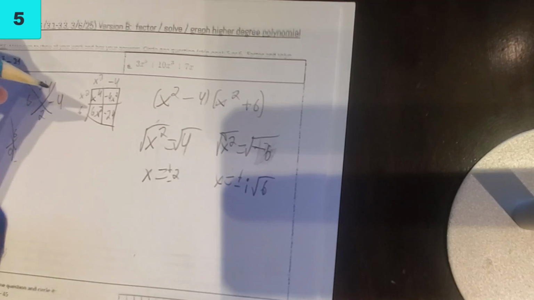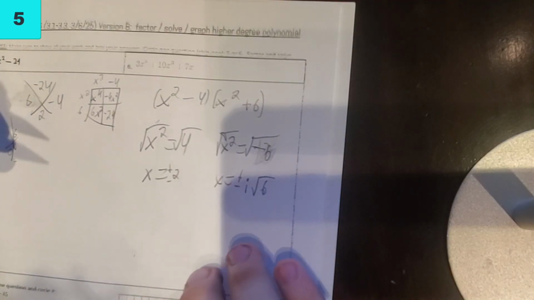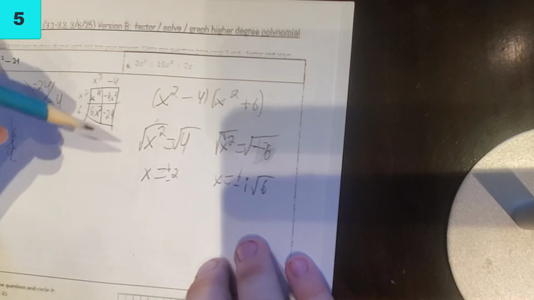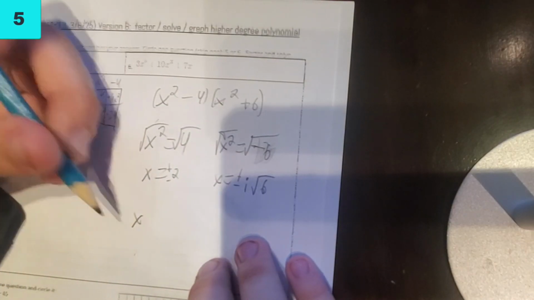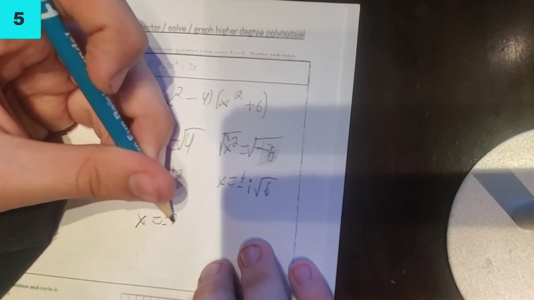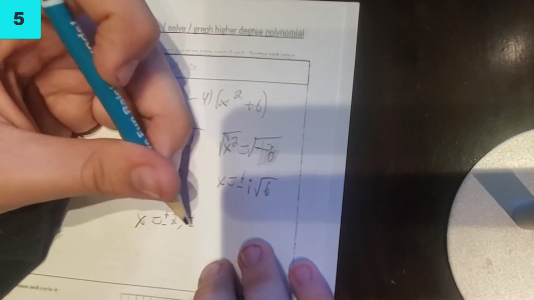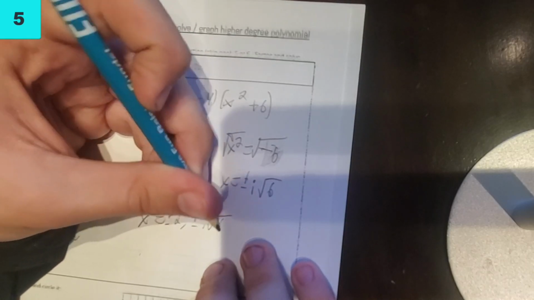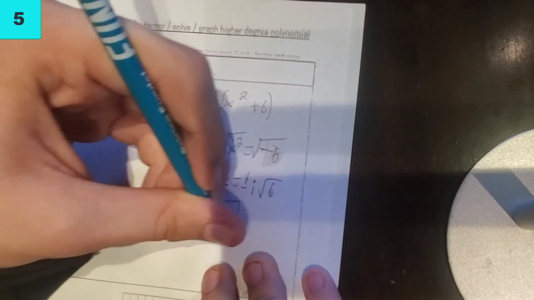And that means this is solved. So x equals plus or minus 2, comma, plus or minus i radical 6. And that is our answer.